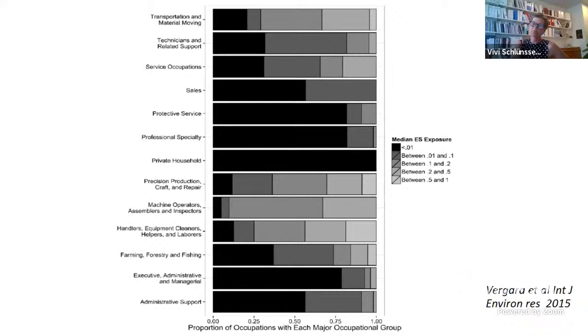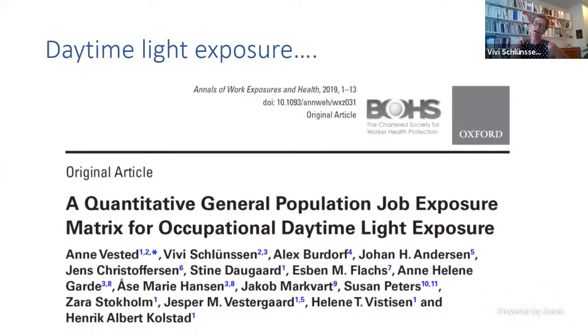The next exotic exposure I will show you is daytime light exposure. Quite reasonable. Many people who are in this call, in fact, developed a quantitative general population job exposure matrix for occupational daytime light exposure. It was based on measurements from more than 600 persons, together with expert judgment.